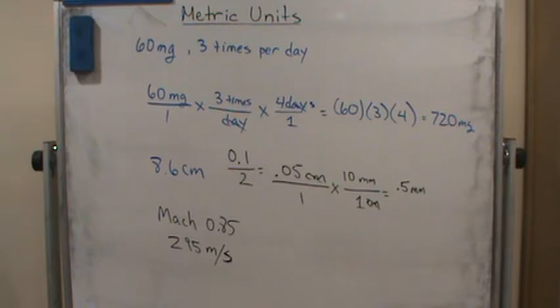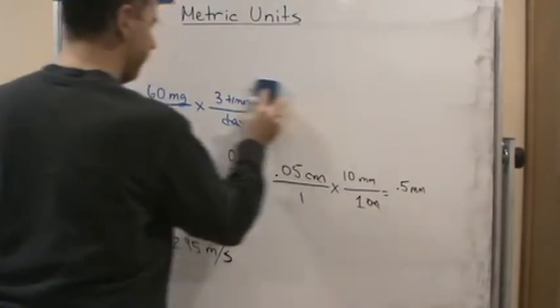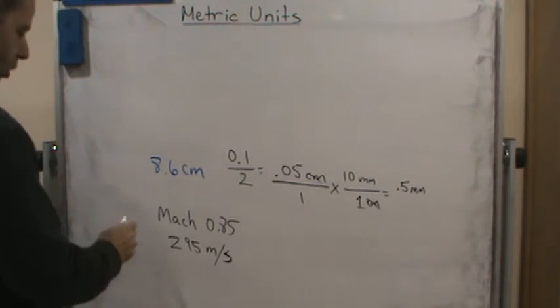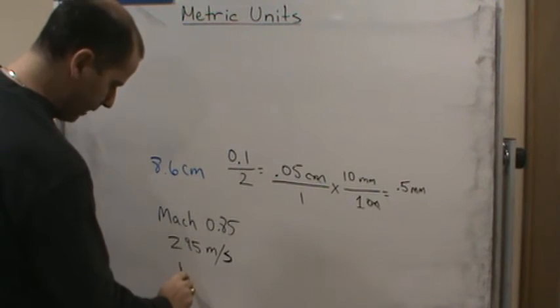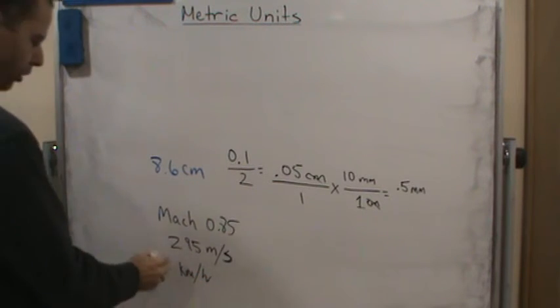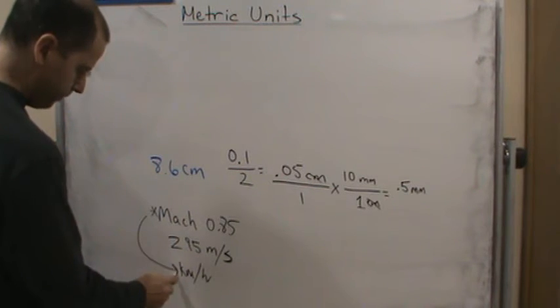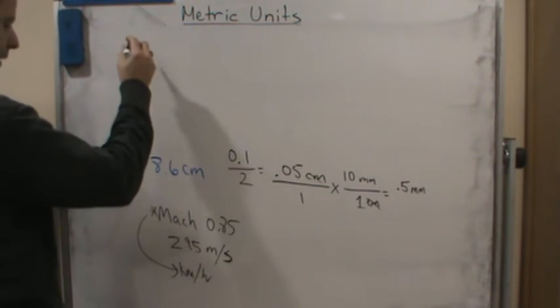All right, okay, good. So we want kilometers per hour. So let's set this up. Again, we want it in kilometers per hour. So that's our goal. So we want to go from Mach 0.85 to kilometers per hour. So let's do that.